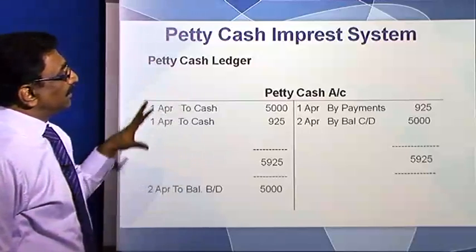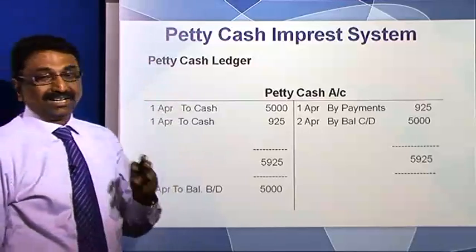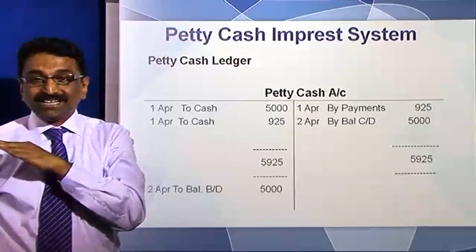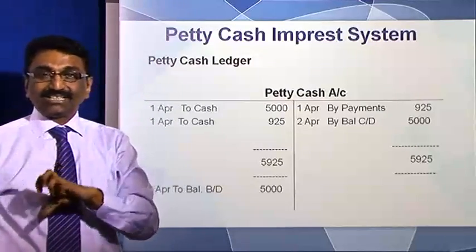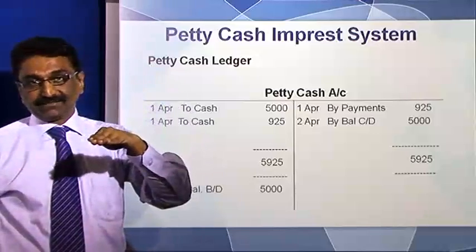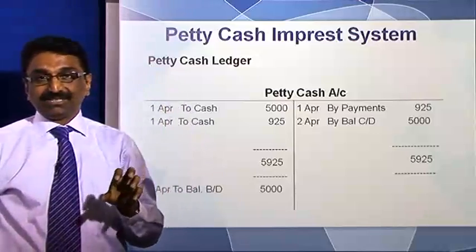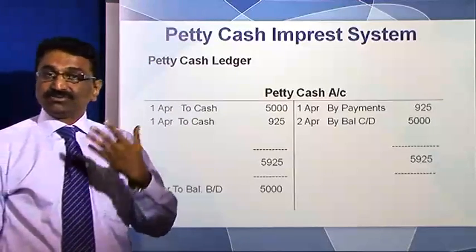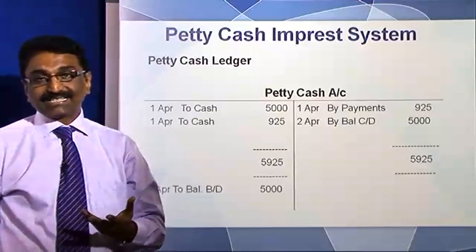So that tells us how the double entry system pervades all across. Basic accounting is focused purely on the accounting equation and the double entry system, and this double entry system of accounting is achieved through journal entries as well as ledger entries.